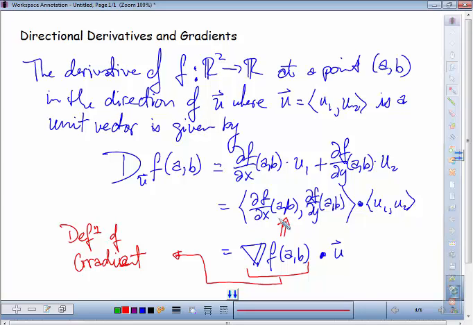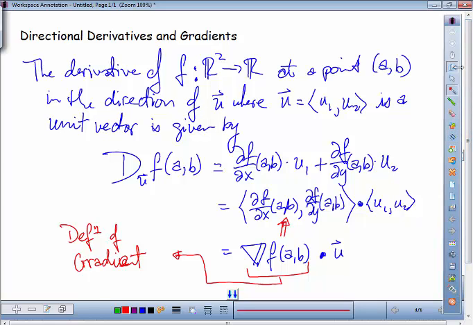So let's get a visual of this, and then we'll do an example, and then we'll extend this to higher dimensions where we can't visualize it anymore. But while we can, let's take advantage of the idea of being able to visualize it.